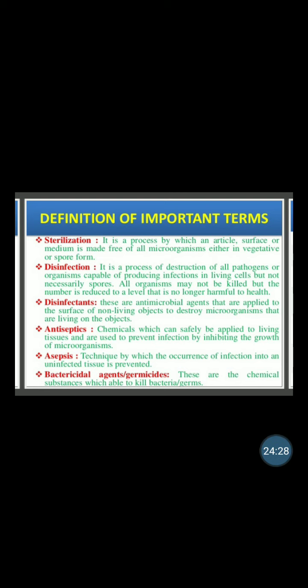Hot air ovens are used to sterilize glasswares, forceps, scissors, scalpels, glass syringes, cotton swabs, petri dishes, test tubes, and pipettes.